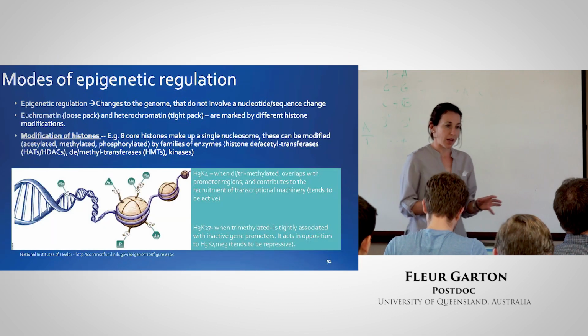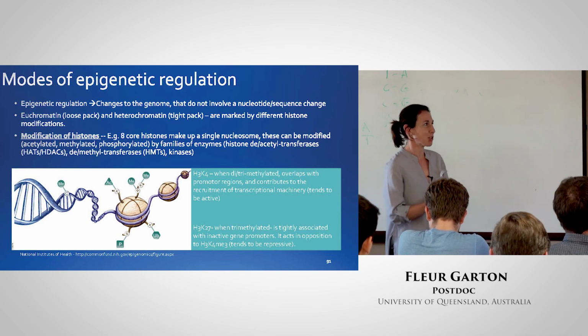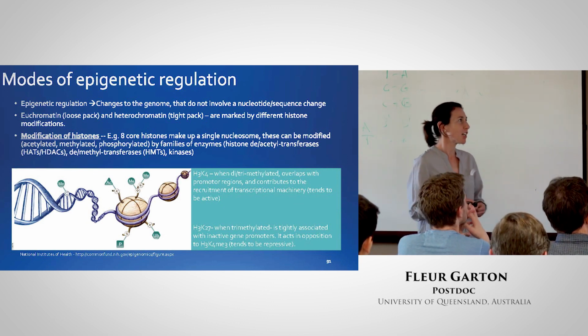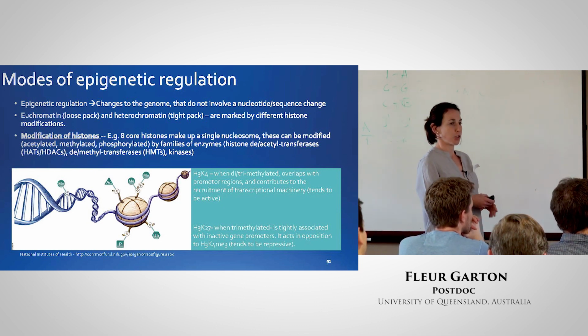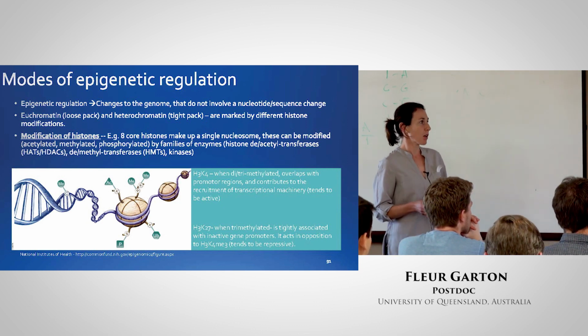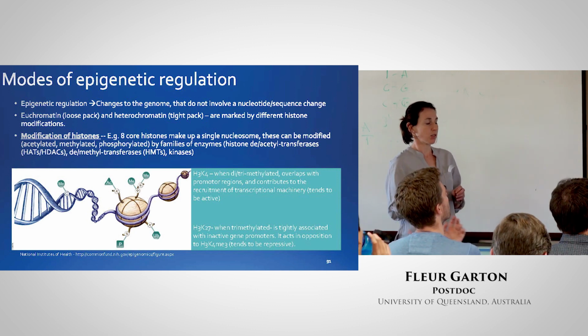So from here we'll talk about methylation. What is epigenetics? How is it regulated? Epigenetic regulation refers to a change in the genome that does not involve a nucleotide or sequence change.